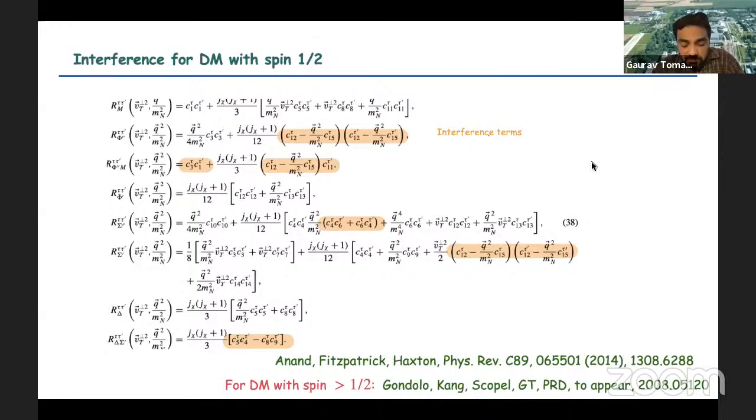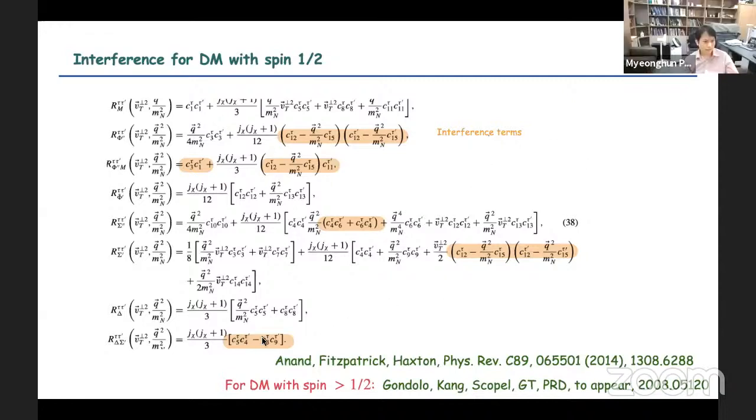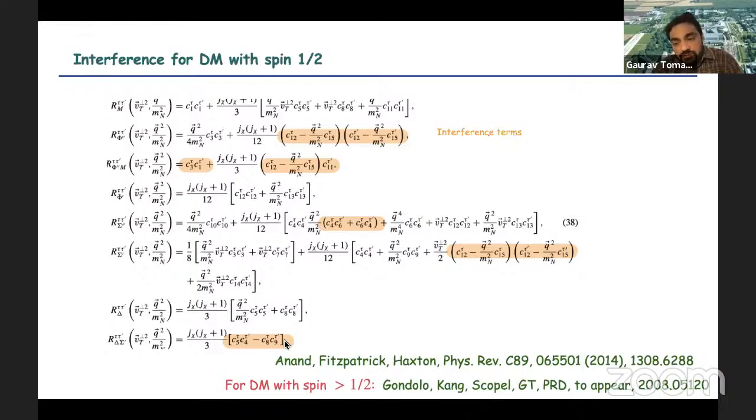If you take an example of anapole dark matter, and you go to its non-relativistic limit, then it is the combination of operators O8 and O9. And O8 and O9 interfere with each other. So that's why it is important to consider this effect. I guess that's what you are asking, right?